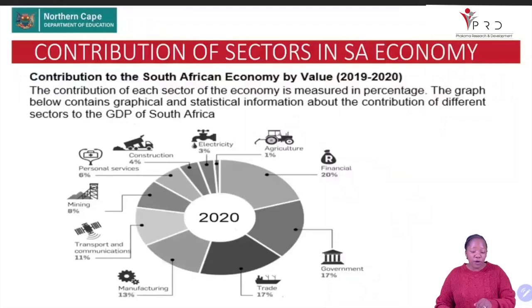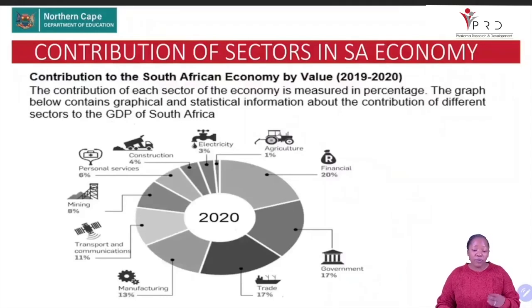Then again, we're looking at mining. Mining, remember, it's 8%. Why 8%? Because it is one of the examples of the raw material. We said the raw material contributes the least to the GDP. And then we're looking at the personal service with the 6%.